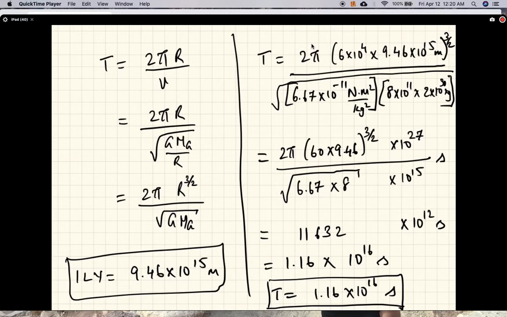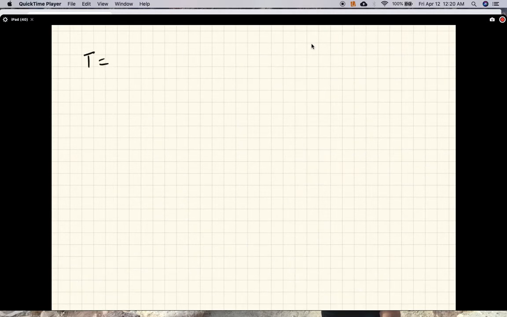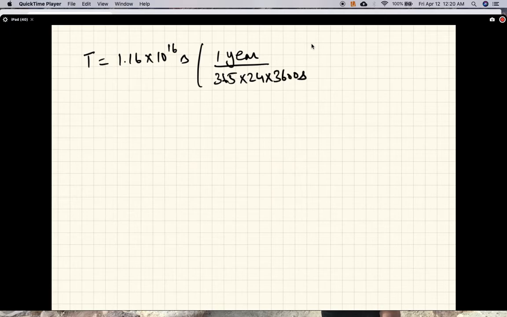The period is 1.16 times 10 to the 16 seconds, so we'll convert this to years. A year is 365 days, 24 hours, 3,600 seconds.